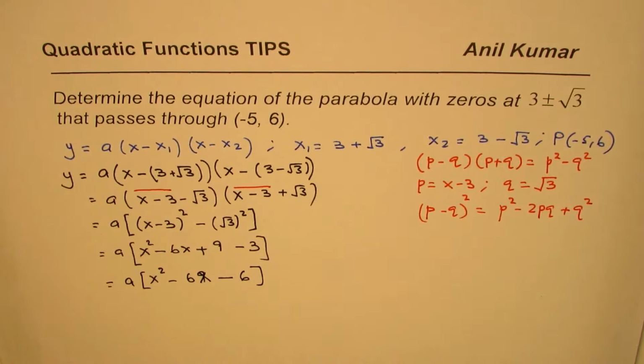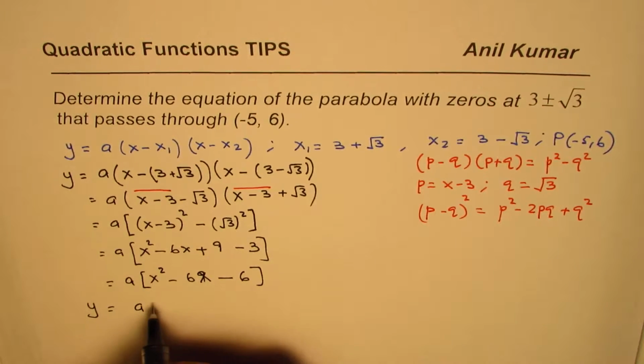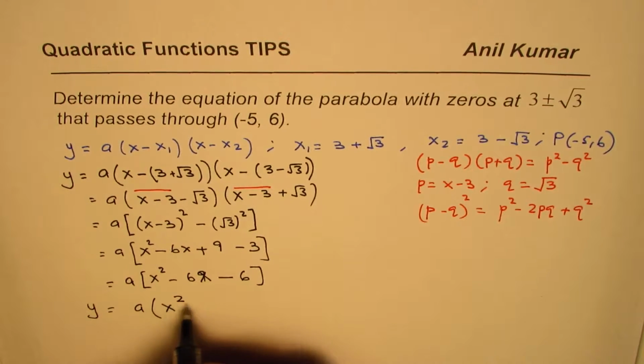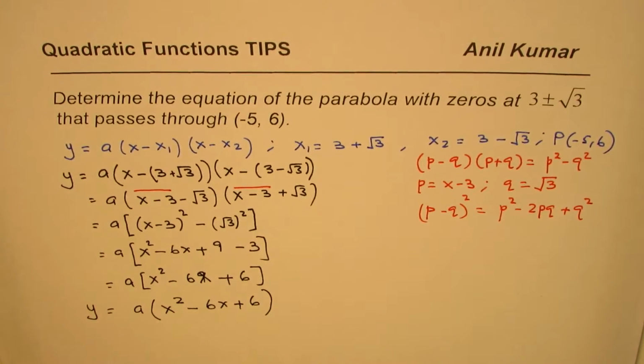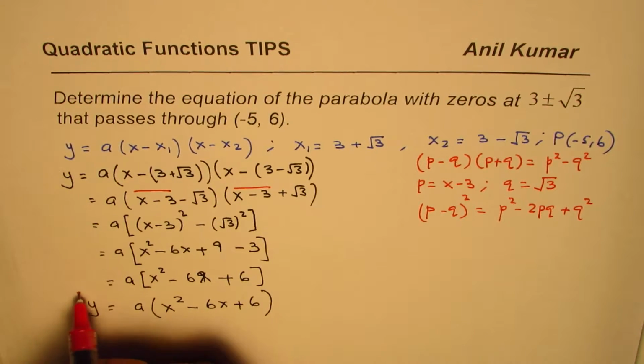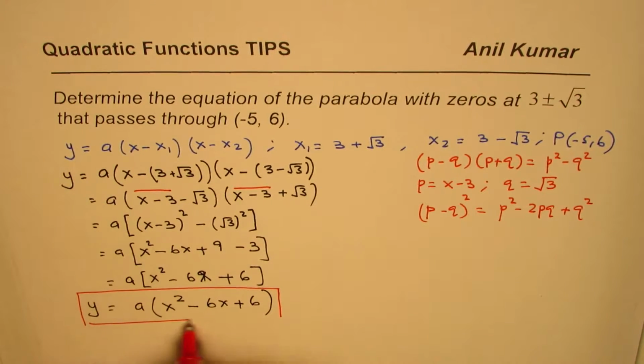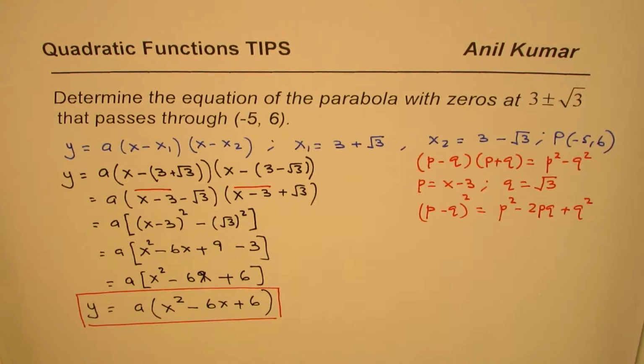So we have that function. Let me rewrite this function: y equals a times (x square minus 6x plus 6). That is the function which we have got. Now we need to find the value of a. What we don't know here is the value of a.